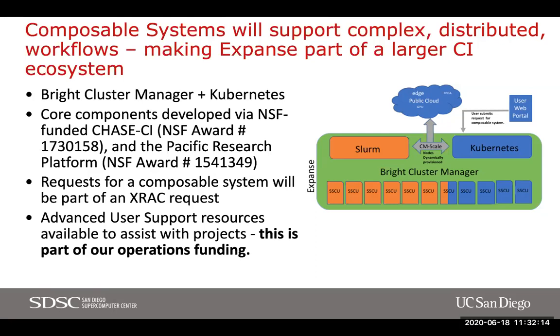On Expanse, we'll be managing the system using the Bright Cluster Manager, and with its CM scale feature, we should be able to provision nodes between Slurm and a Kubernetes-based cluster. That's the building block for this, and then we're going to look into expanding that beyond the system on-prem.